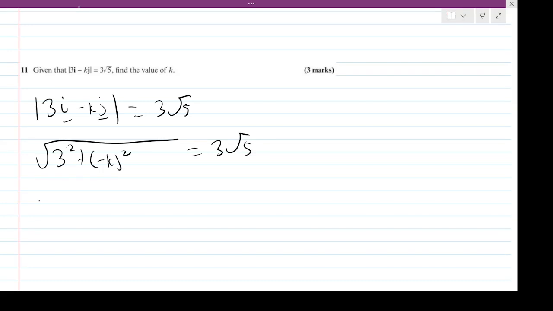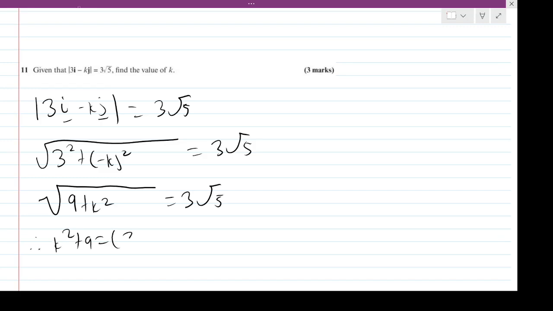I can then simplify the inside of the root by expanding the brackets. So 3 squared is 9. Then minus k all squared is going to be plus k squared, equals 3 root 5. Then I'm just going to square both sides to get rid of the square roots. So that's going to be k squared plus 9 equal to 3 root 5 all squared, which would get me on the calculator 45.